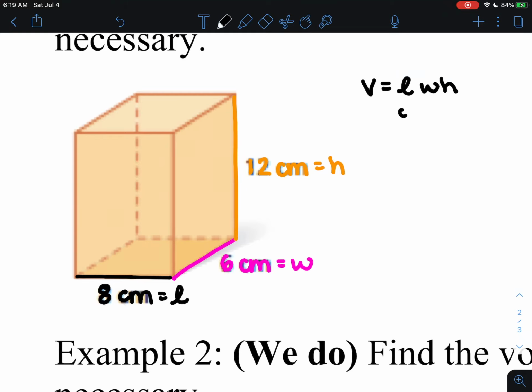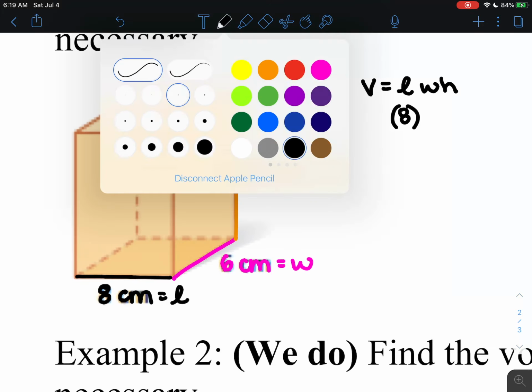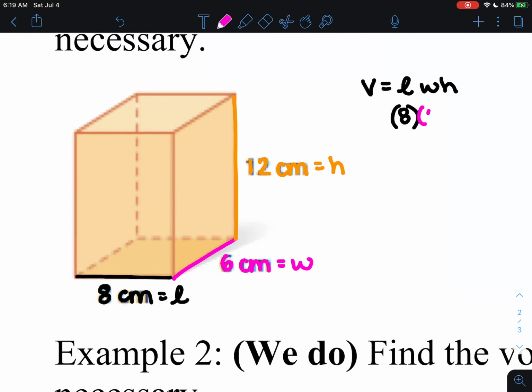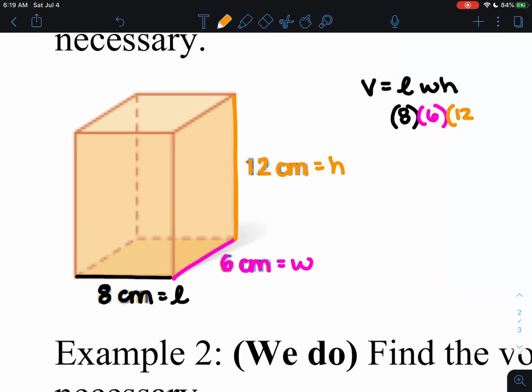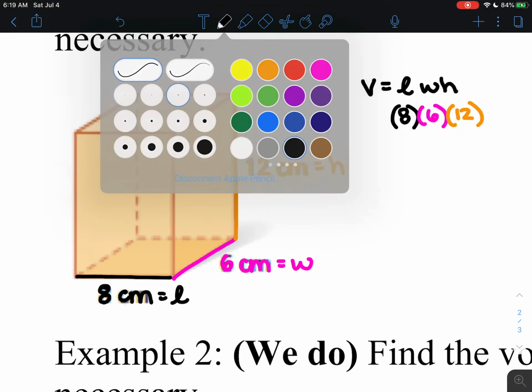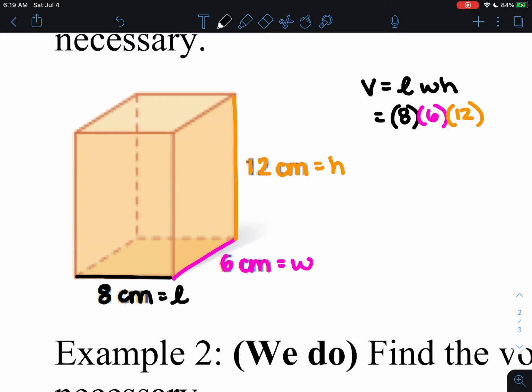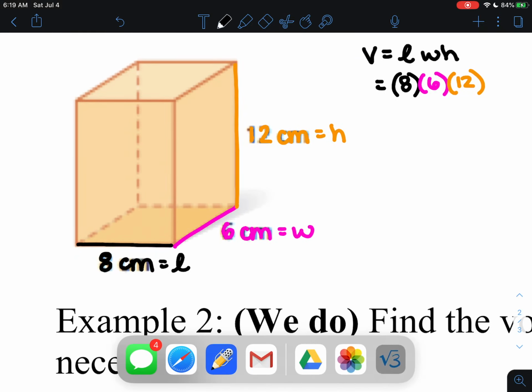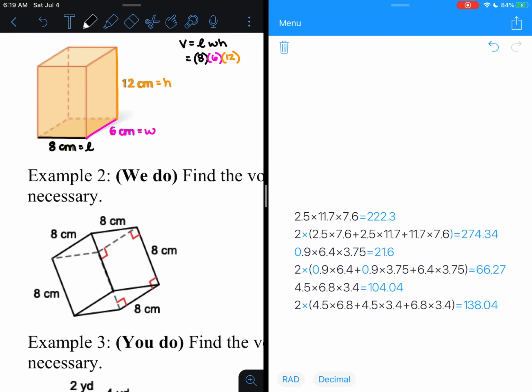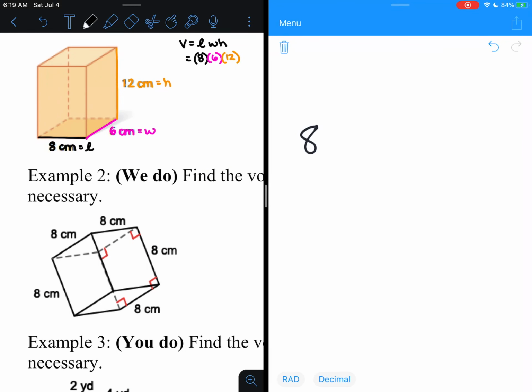So 8 is our length. And then our width, that one was in pink, is 6. And our height, that one was in orange, that was 12. And so if I want to find the volume, I just multiply 8 times 6 times 12. So I'm going to take out my calculator, and I'm going to type into my calculator 8 times 6 times 12.